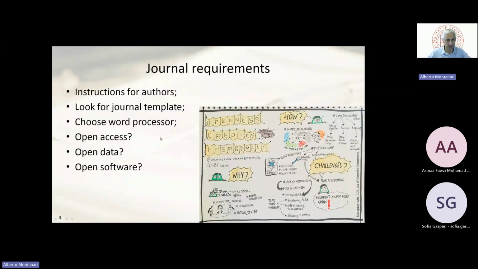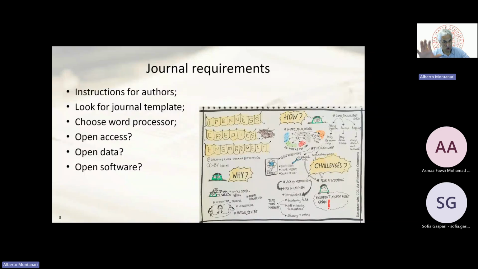Very good. And then after choosing the word processor, you also have to wonder about open access. I discussed it in the asynchronous video. Open data, open software. Just make sure that you are aware that reproducibility means that other people have all the information needed for reproducing your results. And reproducibility is a very important added value to your career.